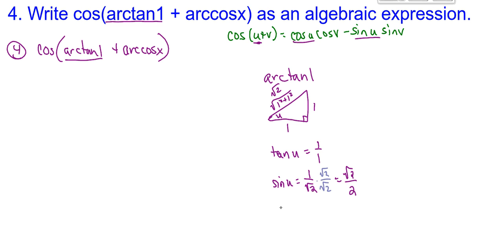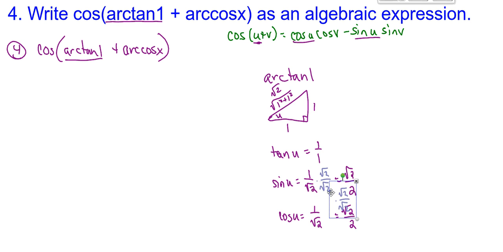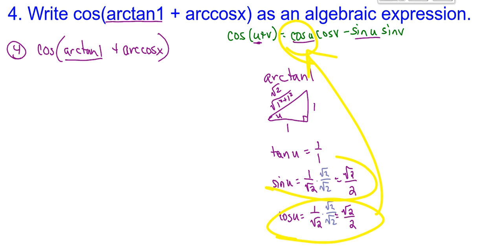The cosine of u is really the same thing, 1 over the square root of 2, so that equals the square root of 2 over 2. I'll just clone that and slide it in there to rationalize that denominator as well. So those are the values that we're going to use. Cosine u goes right there, and sine of u goes right there.